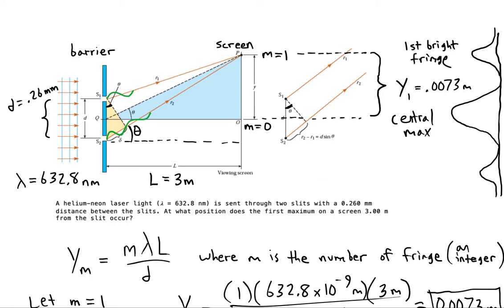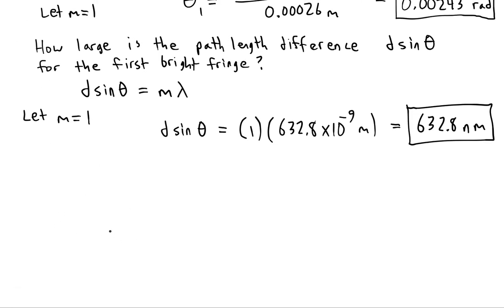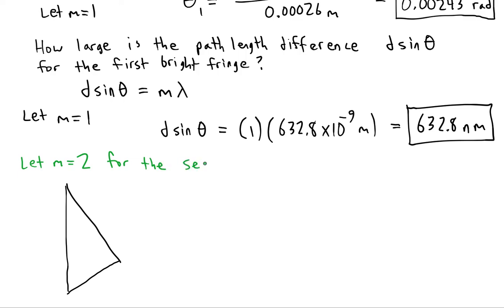Now you can go to the second maximum, but in order to go to the second maximum, you have to let m equal 2 for the second bright fringe.